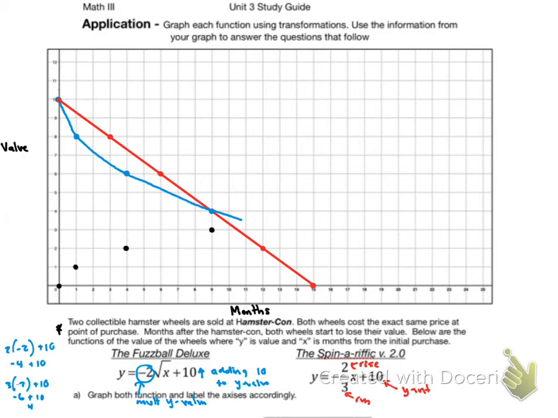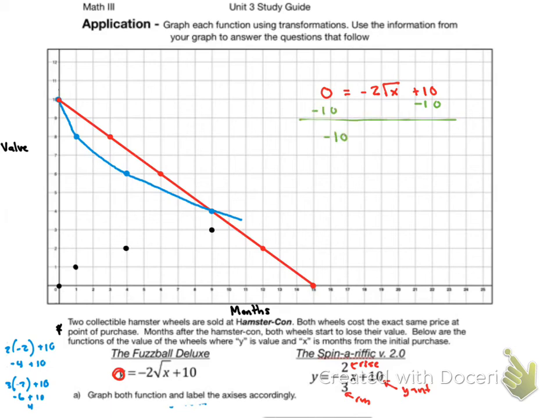Or if we look at the formula, and let me erase this here, hopefully you guys have that written down. If we're looking for the value to be 0, we know the y is the value, so we can do 0 equals, you plug in 0 here, -2 times the square root of x plus 10. And we can start simplifying this. First thing we do, subtract 10 on both sides.